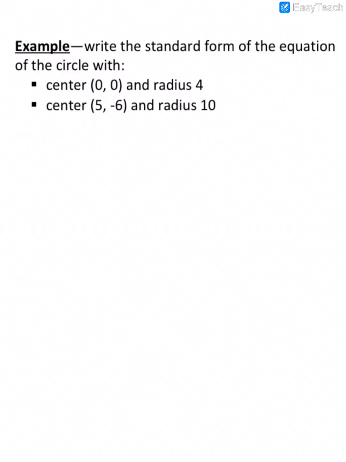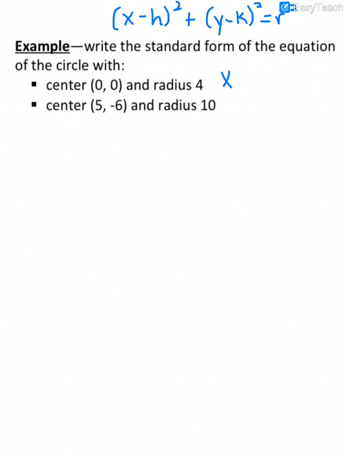For the first set of information, we have a center of 0, 0 and a radius of 4. Let me rewrite the equation of a circle: x minus h squared plus y minus k squared equals r squared. If my center is 0, 0 and I plug in 0 for h, that would be x minus 0, squared.